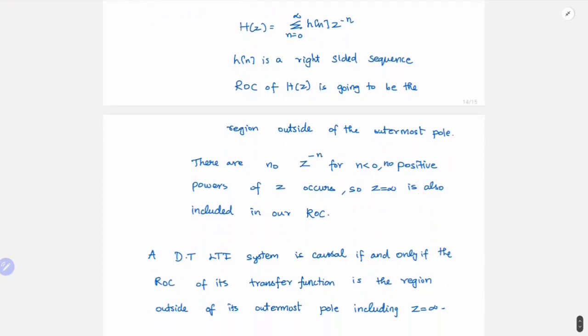So if this is true, then we can say our LTI system is causal.